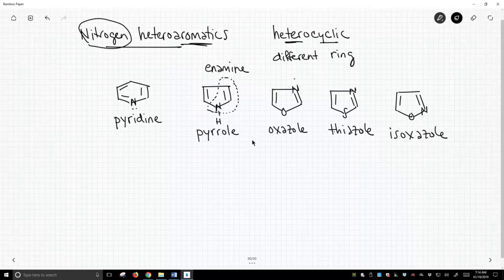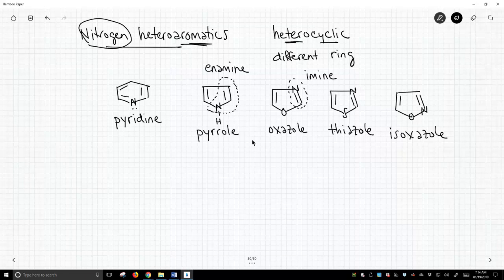And in oxazole, you can see an imine. And actually, when we talk about making these compounds, it's really going to come down to making enamines and imines that form a 5-membered ring or maybe larger ring.